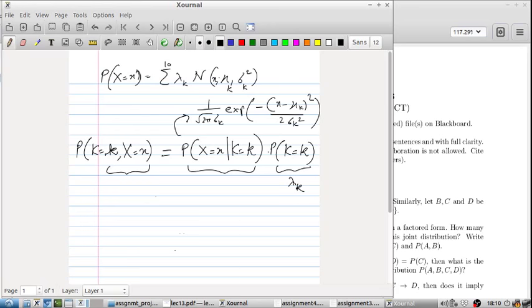Okay. So why did I introduce this joint distribution? So this joint distribution view, if you actually now come back to what is p of x is equal to x, which was written above, this has to hold sum over all the values that k takes of p of x is equal to little x and k is equal to little k.